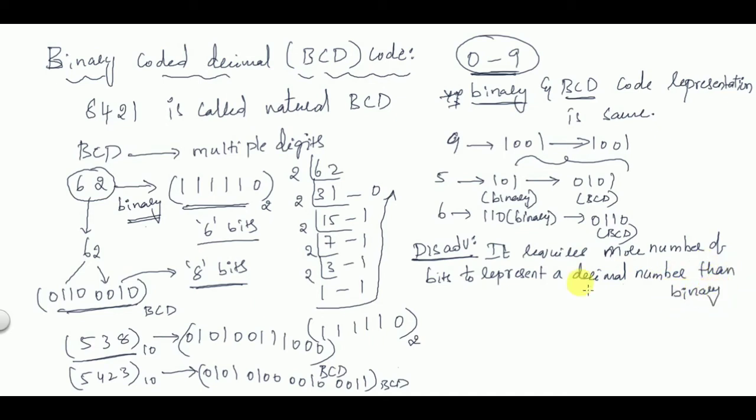So BCD requires more bits to represent a decimal number than the binary number system. Okay, so this is the disadvantage.